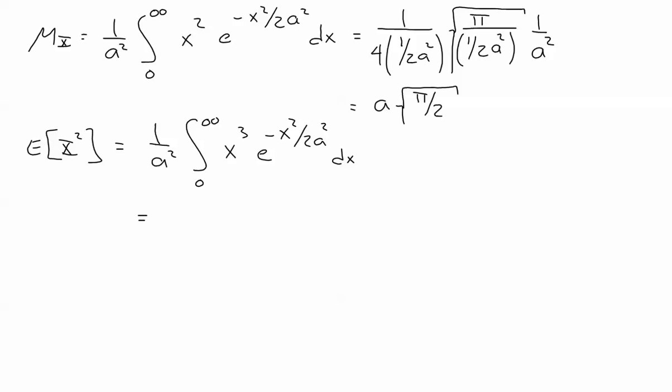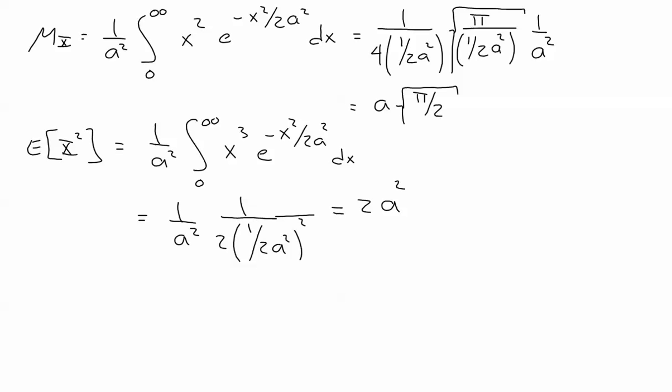Using my integral table relationships, I get 1 over a squared times 1 over 2 times 1 over 2a squared quantity squared. That simplifies out to 2a squared.